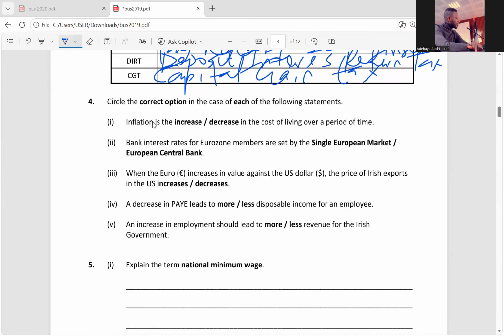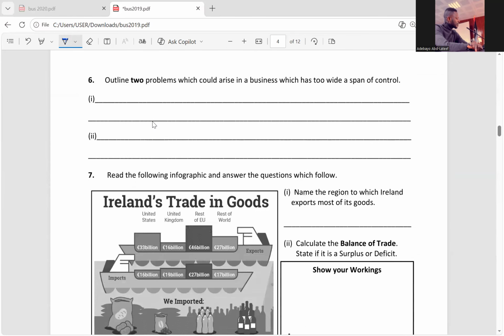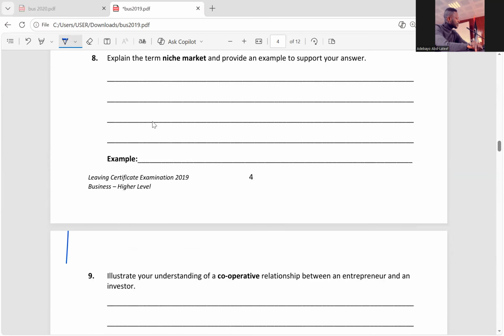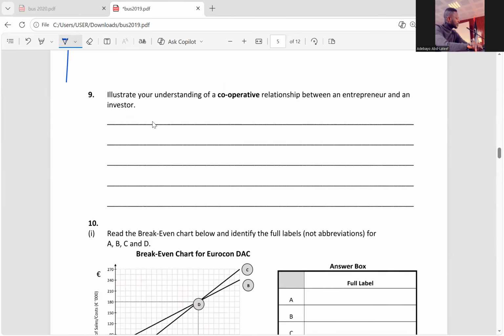We have question 9 for this past paper. They said, illustrate your understanding of a cooperative relationship between an entrepreneur and an investor.